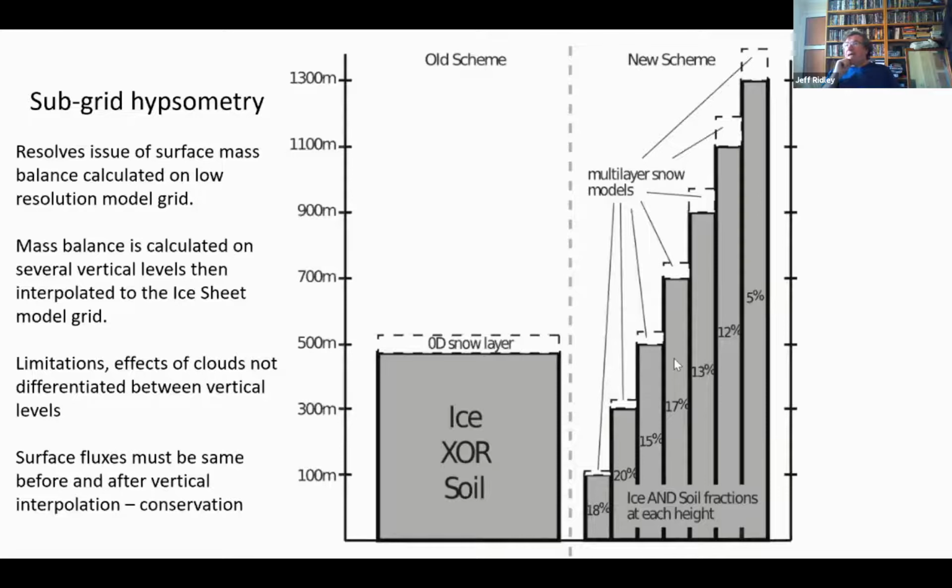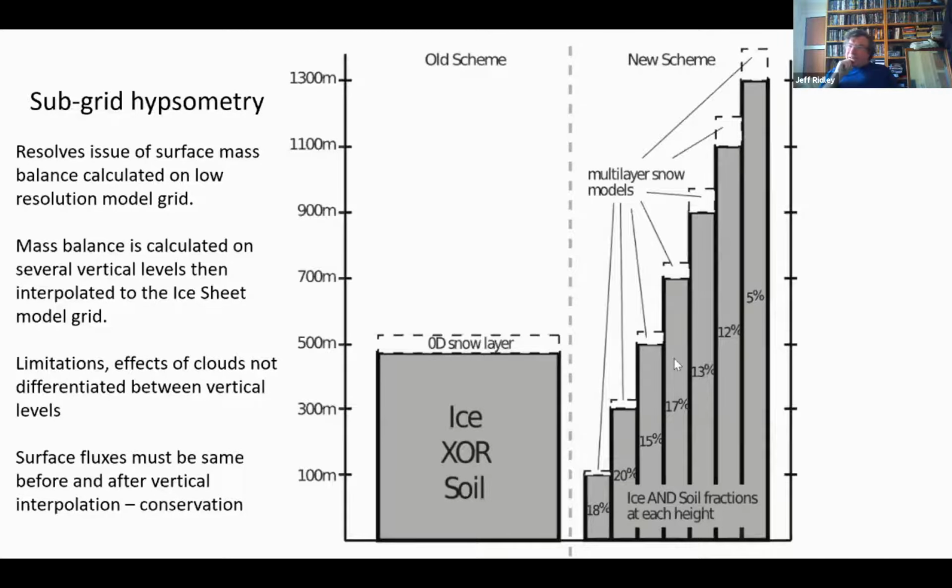In the 10 levels in the atmosphere, up to the top of the ice sheet and down to the bottom, which means we have to calculate the surface energy balance 10 times, which increases the model runtime a bit. But each level is calculated separately.